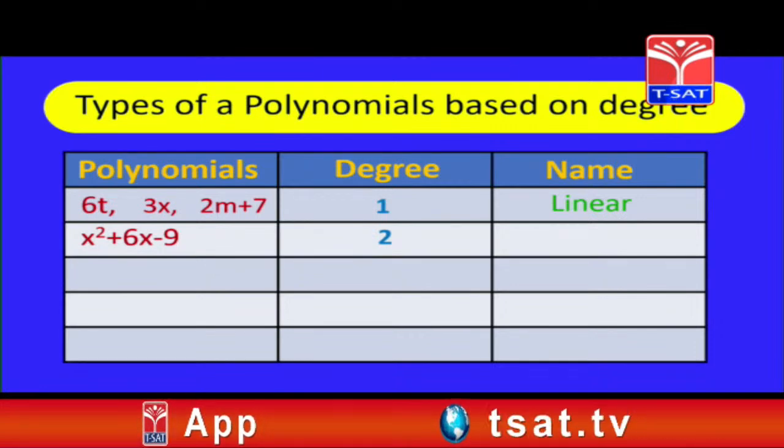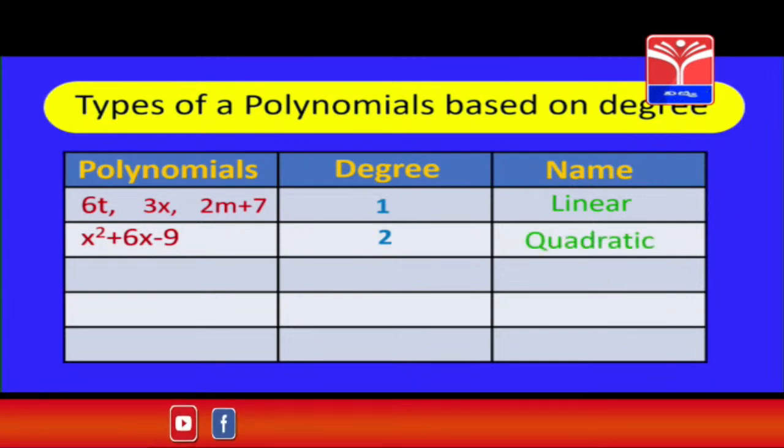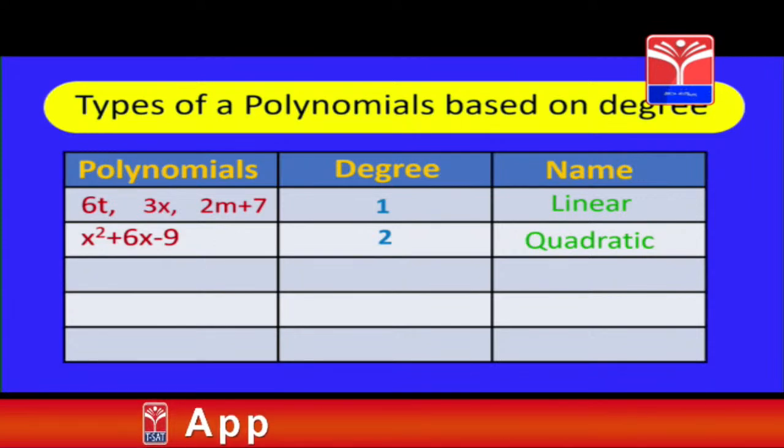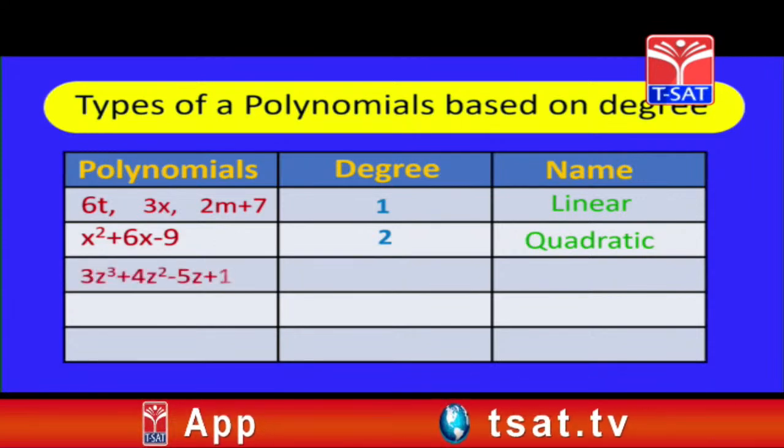I am not going to read, you read yourself. And what is the name of this polynomial? Yeah, exactly, quadratic polynomial. If the degree of a polynomial is 2, then it is a quadratic polynomial. Now we have one more example here, which is a third degree polynomial.